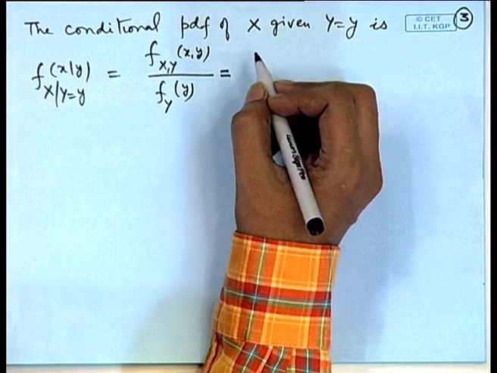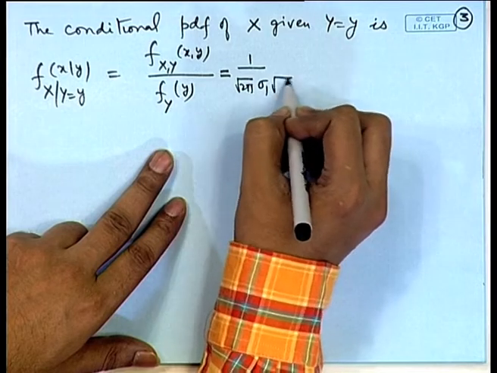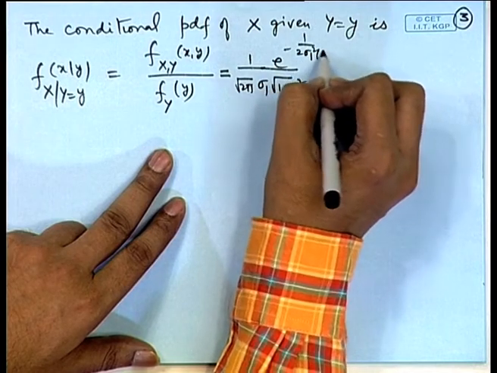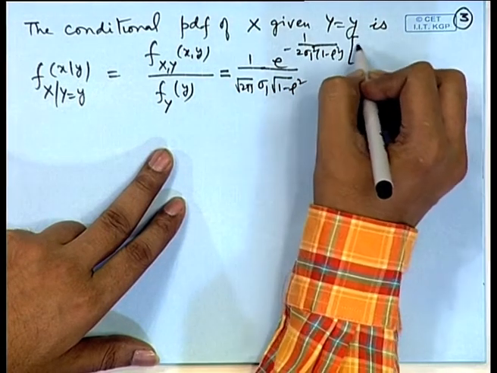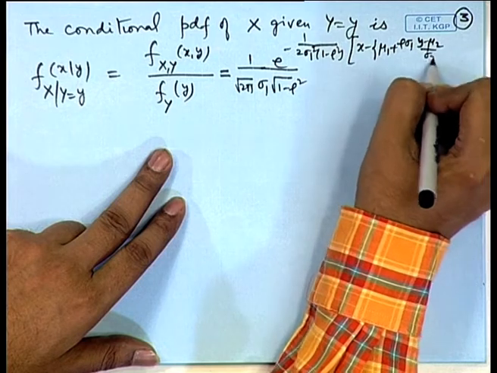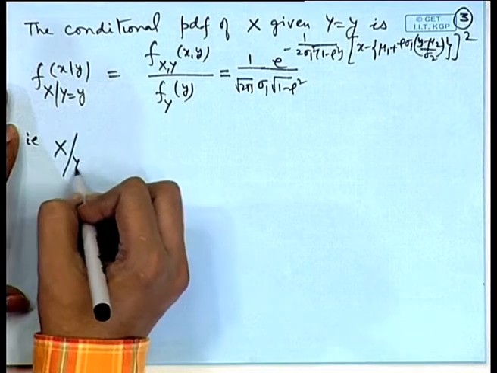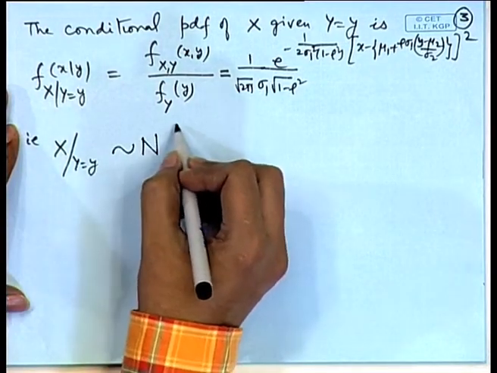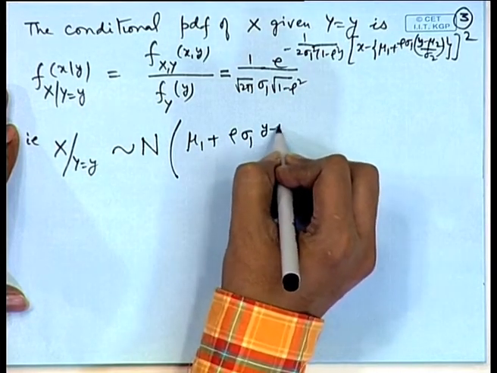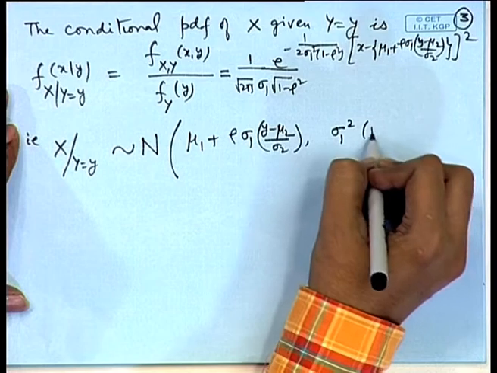So, after simplification it is equal to 1 by root 2 pi sigma 1 root 1 minus rho square e to the power minus 1 by 2 sigma 1 square (1 minus rho square) (x minus mu 1 plus rho sigma 1 (y minus mu 2) by sigma 2) whole square. That is, we can say that x given y equal to y follows normal with mean mu 1 plus rho sigma 1 (y minus mu 2) by sigma 2 and variance sigma 1 square into (1 minus rho square).